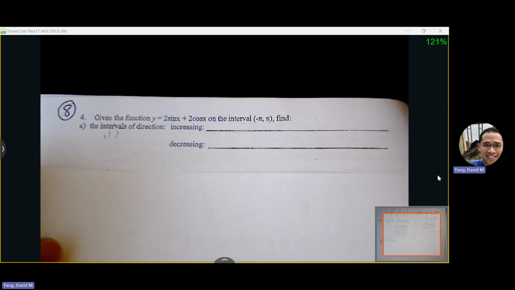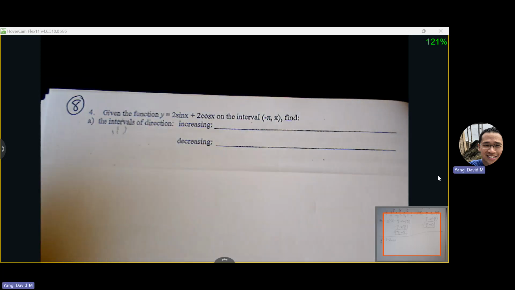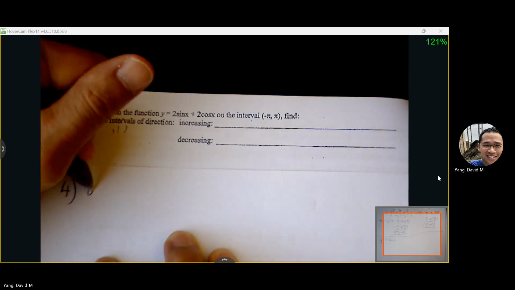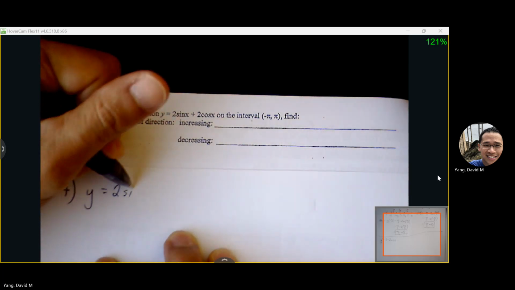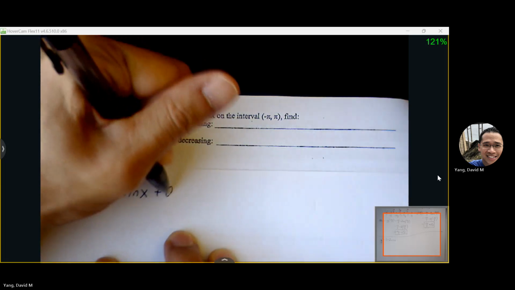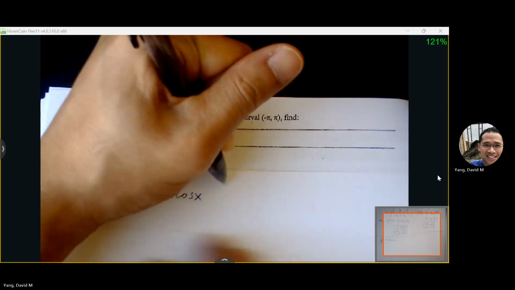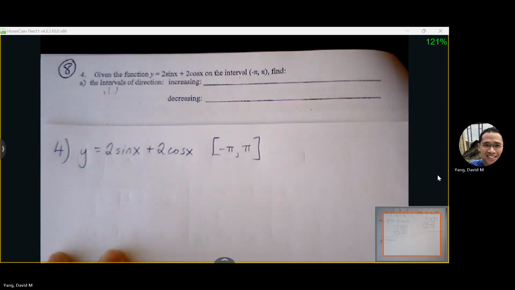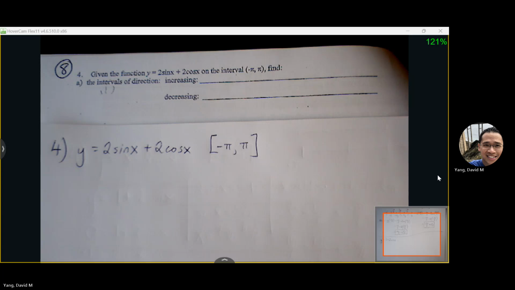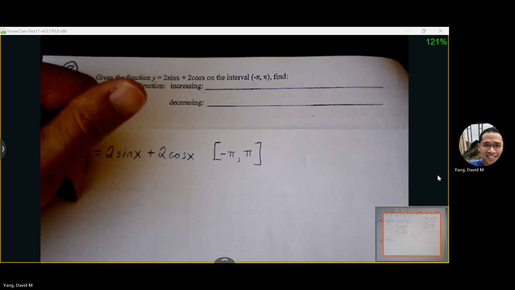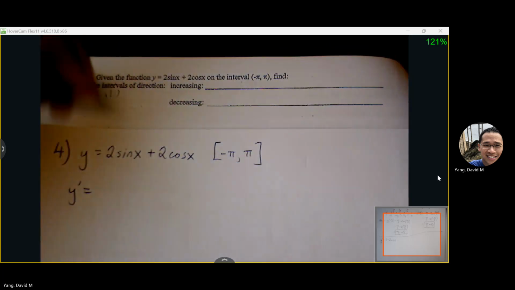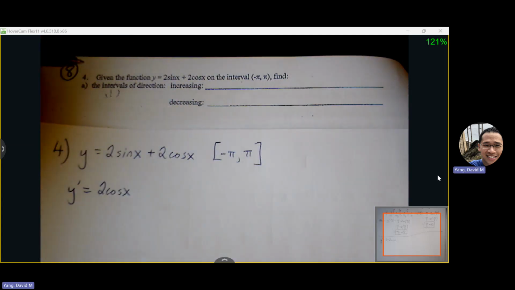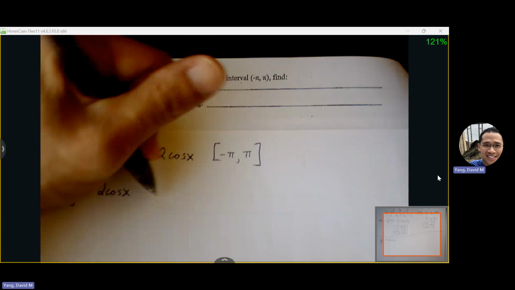Find y prime, sine line, critical points. Derivative, sine becomes cosine, cosine becomes a negative sine.